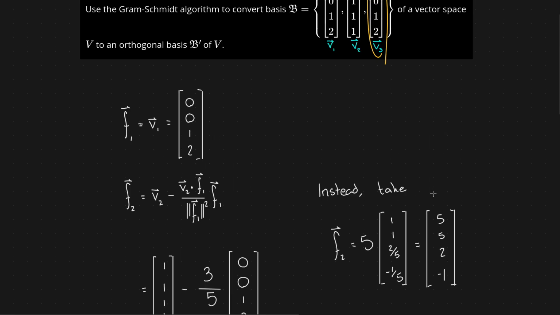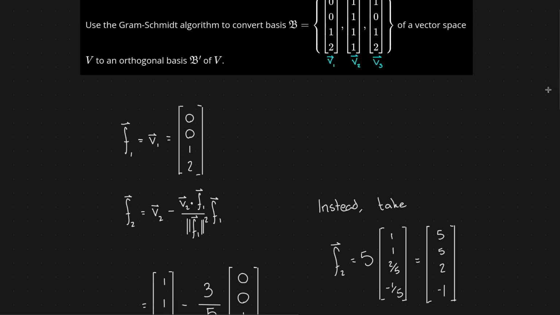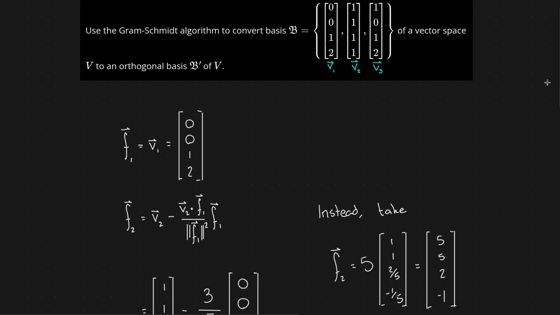So let's take the dot product of V3 with F2. So I get 1 times 5 is 5, plus 0 times 5 is 0, plus 1 times 2 is 2, plus 2 times negative 1 is negative 2.